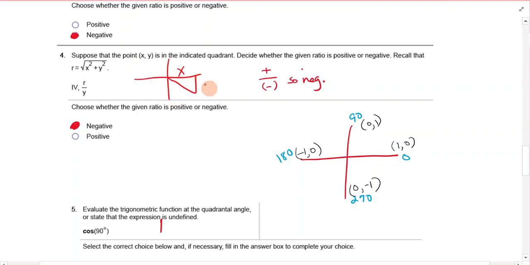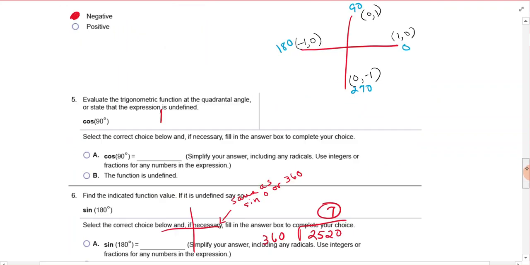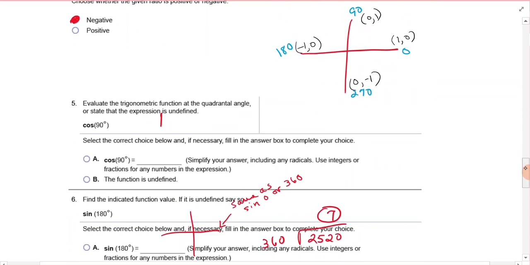And so x is positive, but y is negative. So we're talking about r. R is always positive. So positive over y, which is negative, so we will be negative again. All right, let's move on to number 5.